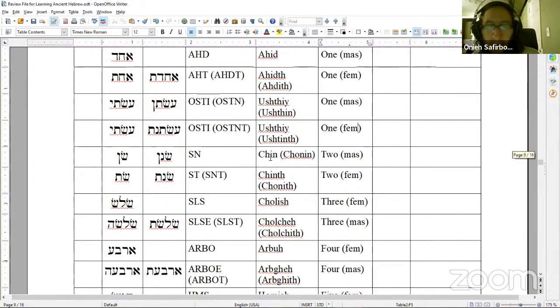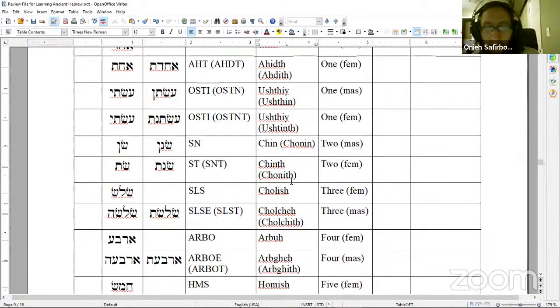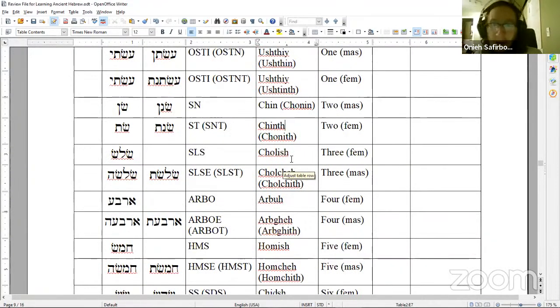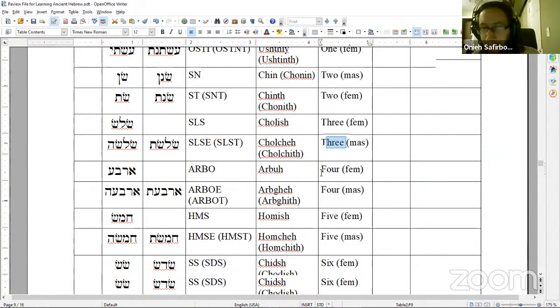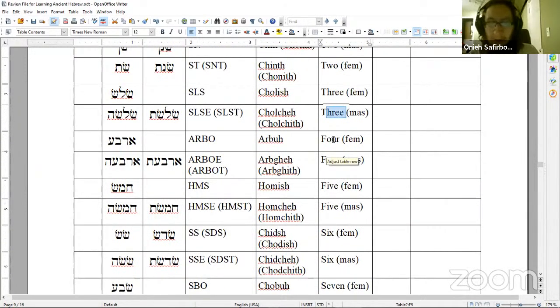Number 2 is chin, originally chanin for masculine, and for feminine, chinth, originally chanith. Number 3, the feminine, chalish. And then number 3, masculine, is chalcha, originally chalcheth. 4 for feminine is arba, and masculine 4 is arbogeth, originally arbogeth.